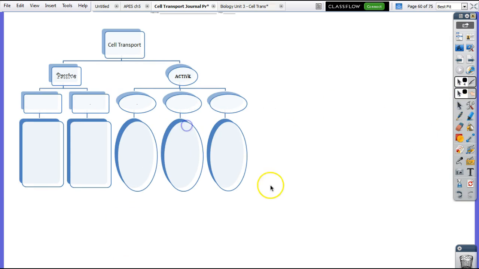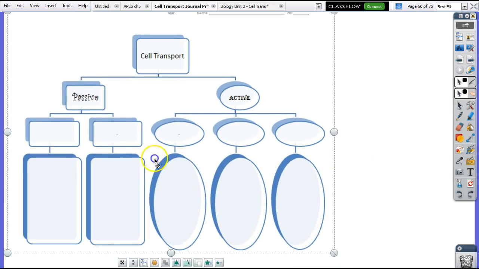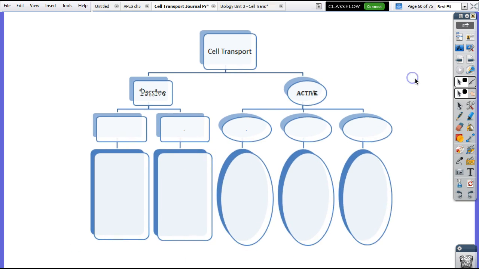So this will be going in your notebooks. I'll get you guys tape in a minute. So for passive, we have diffusion and we have osmosis.